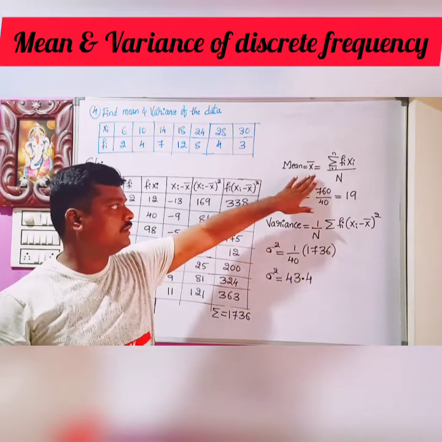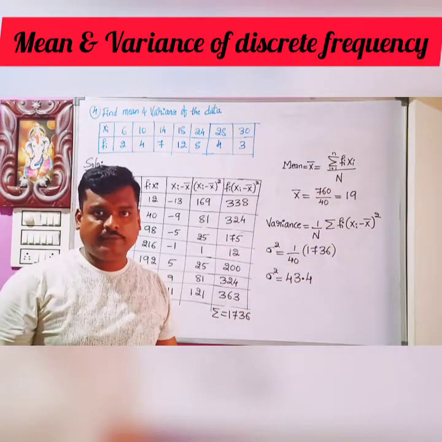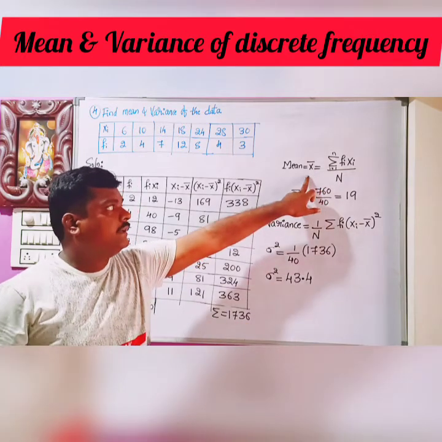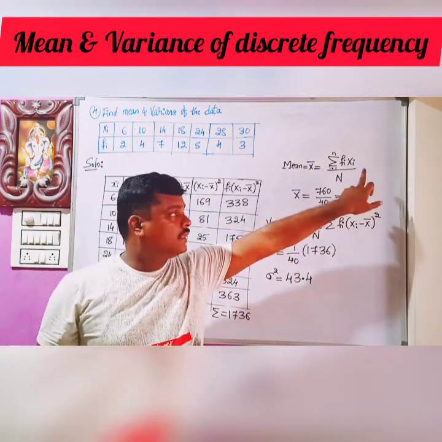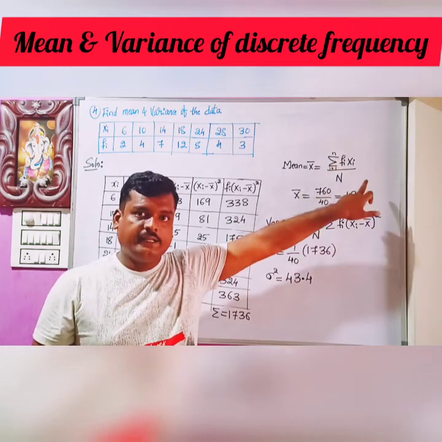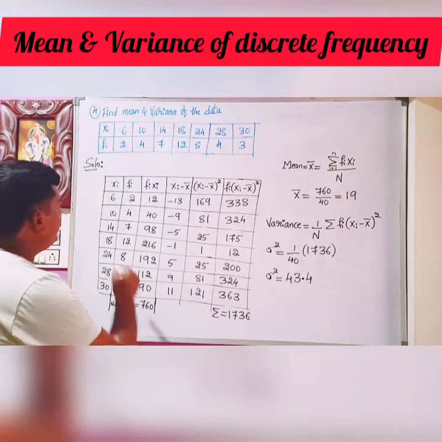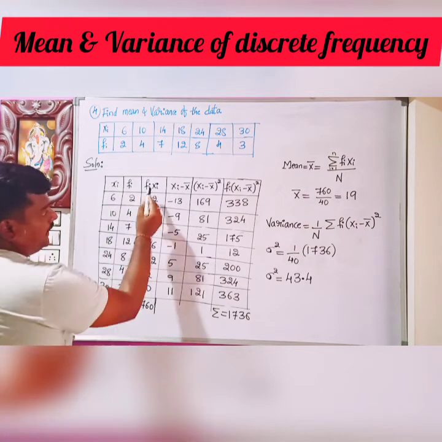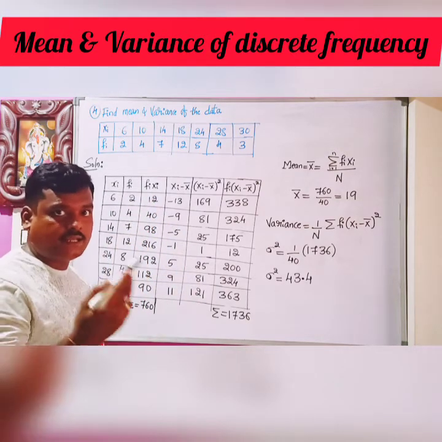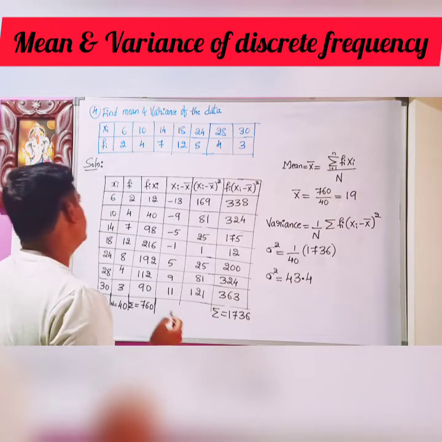We have the formula for mean and this is the formula for variance. For mean, first we require the sum of fi xi divided by n. So given xi and fi, find fi xi, the corresponding multiplications.